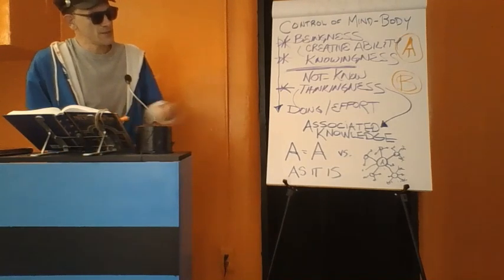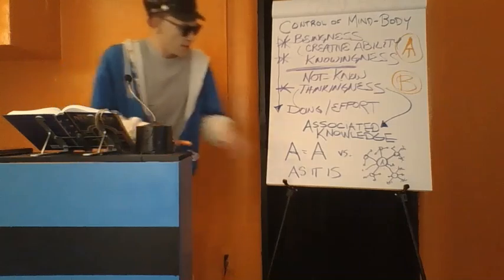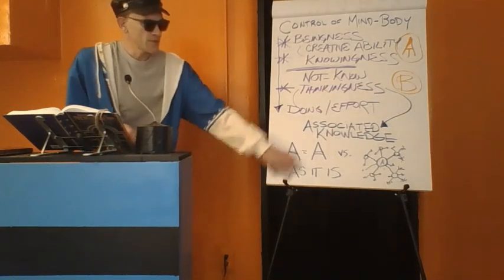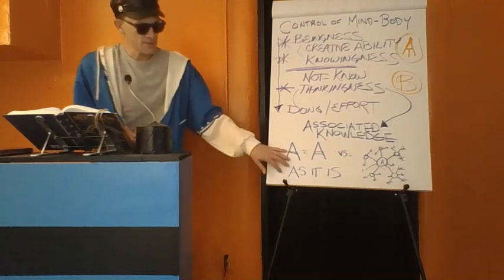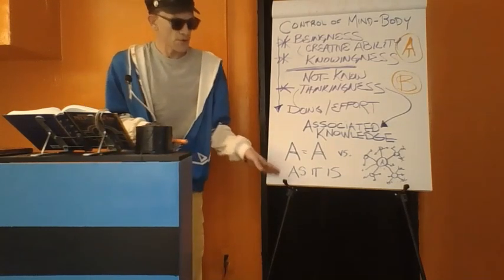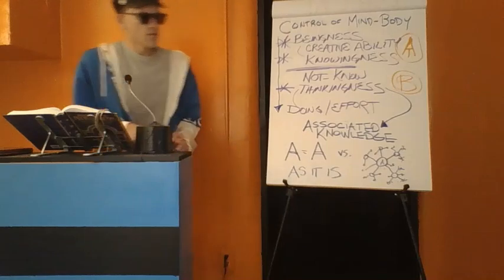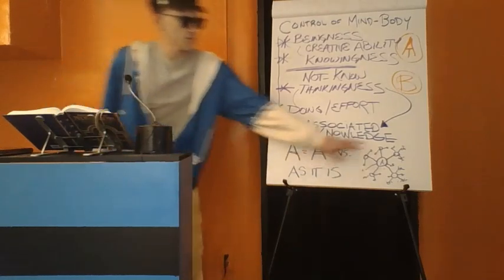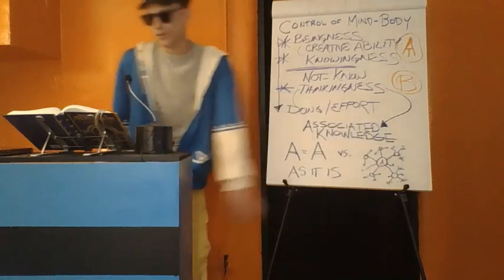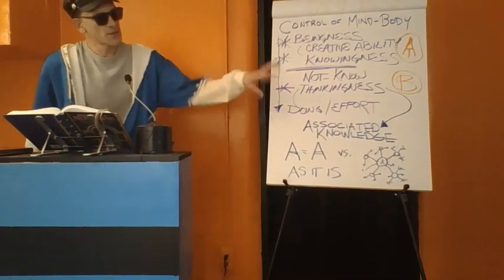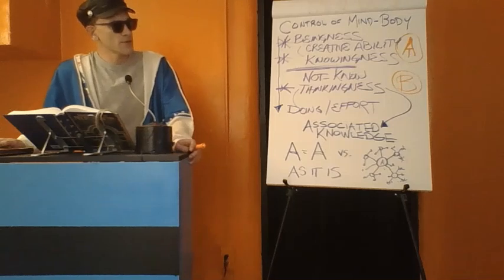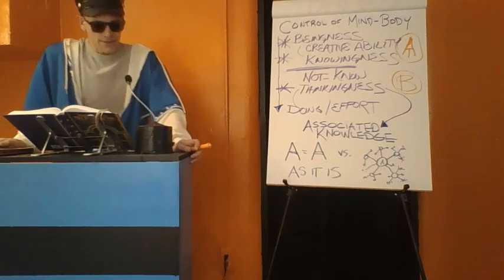But what we've done is come up with the idea of associative knowledge being a part of the thinkingness, which is different from seeing something as it is, which is what we say A for A, or 1 to 1, or A equals A, or seeing something as it is, versus the associative knowledge, where A is really only understood in relation to a whole bunch of other things that have been related or associated to it.